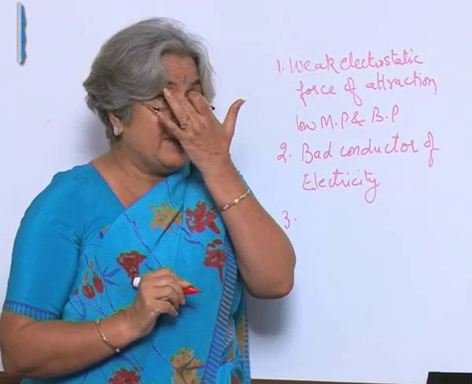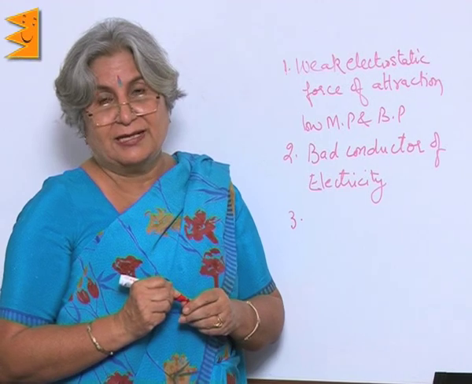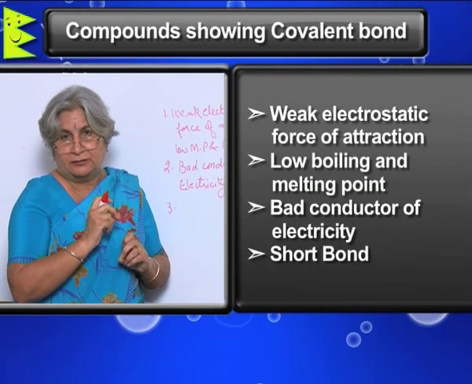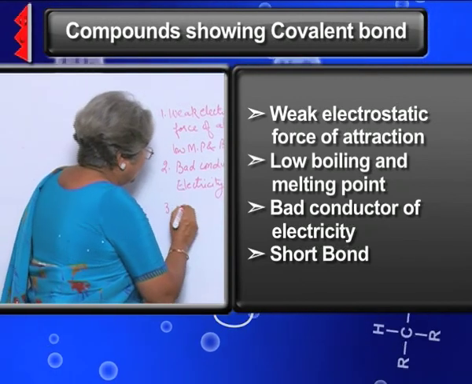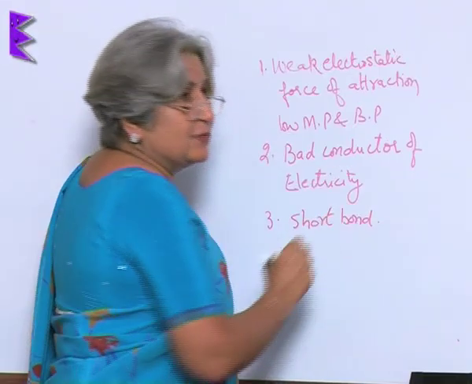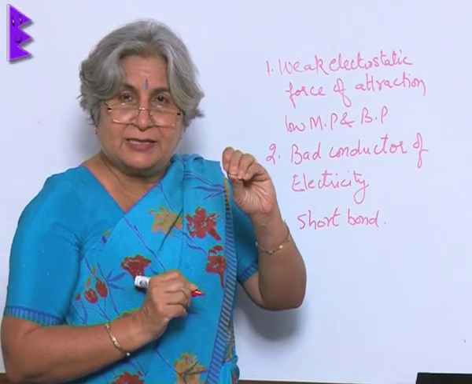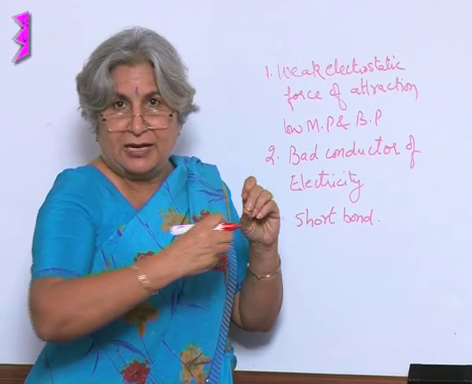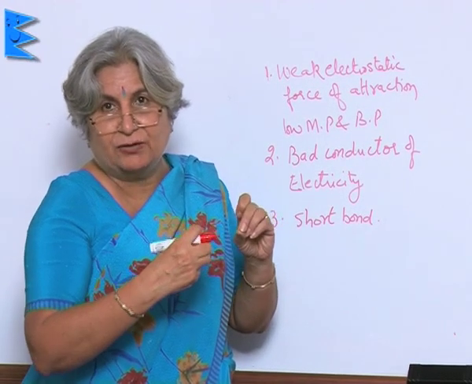In the case of carbon, there is one more advantage, and that advantage is that the bond is short. Why is it short? Because the distance between the nucleus and the outermost shell is less. So, the electrons are always attracted towards the nucleus.